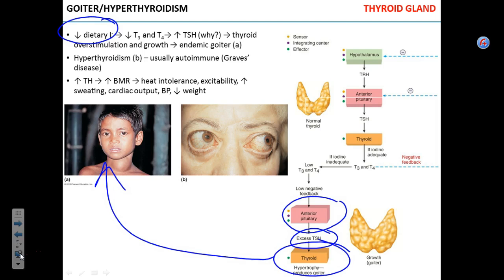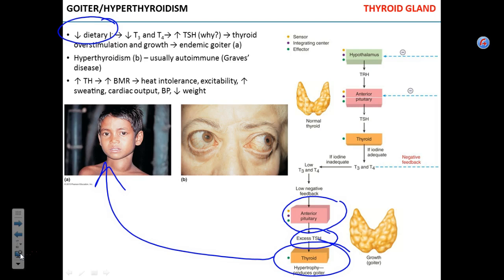Okay? It's called endemic or dietary goiter. And people do not have enough iodine in their diet. And this condition is characteristic for third world countries, developing countries. Often people live on, say, rice, and they just don't have iodine in that rice.